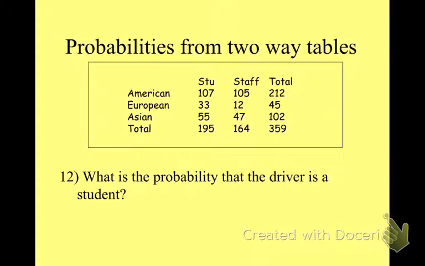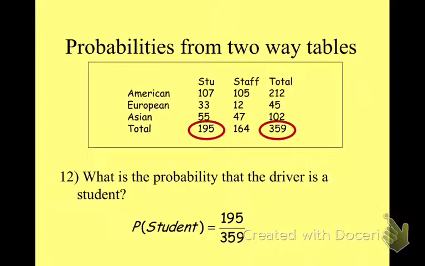So I'm going to look at total students over total. So 195 over 359. And I would want you to write it as probability of student. That's the kind of notation I'm looking for on a free response.